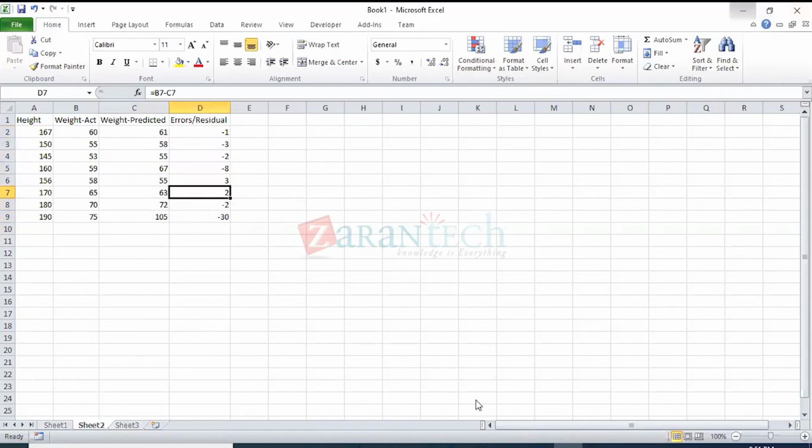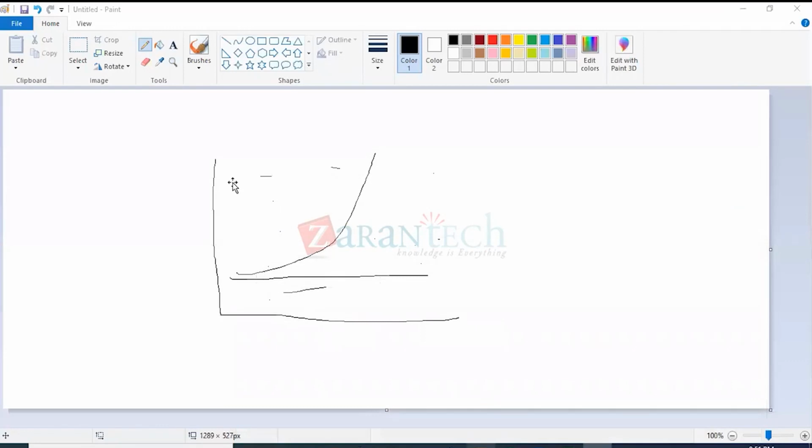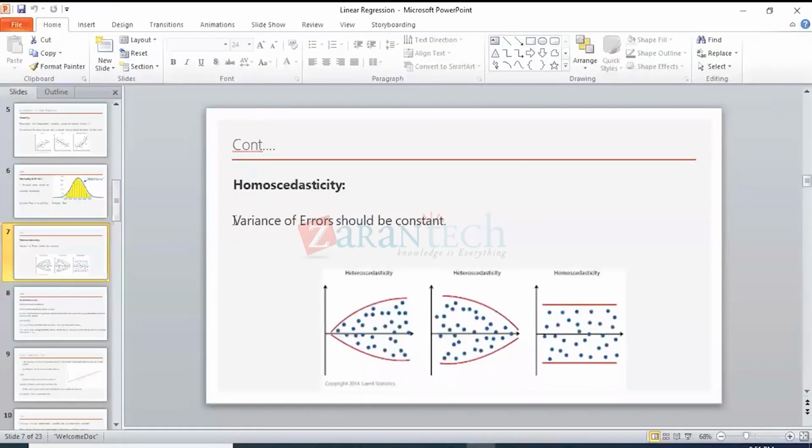So that's the third assumption, homoscedasticity. That is my assumption, saying that the variance of the error will be constant. You can check this diagram and see that it's almost constant variance. This is my homoscedasticity. Heteroscedasticity is the opposite of homoscedasticity. If you see, there is an increase in the variance here and a decrease in the variance here.